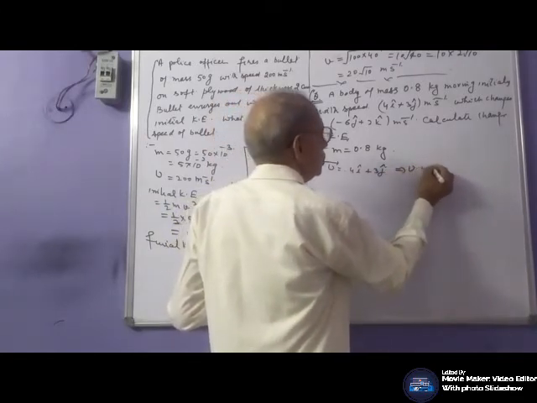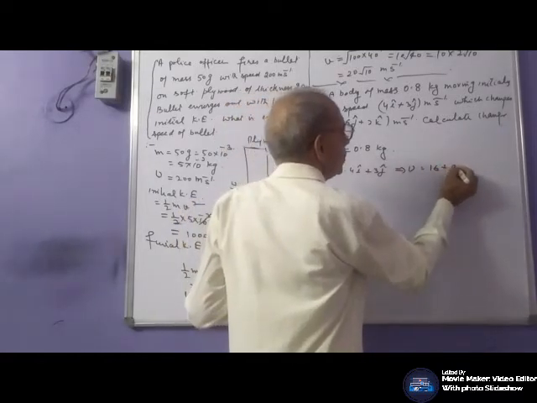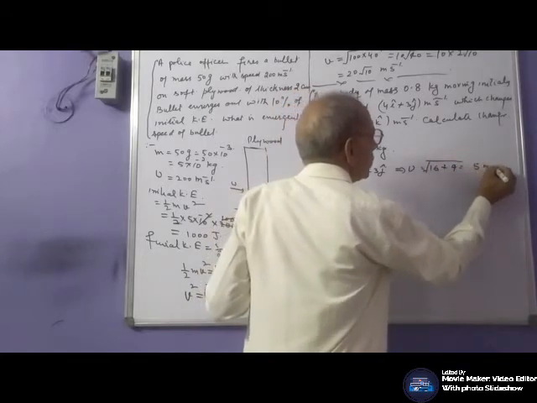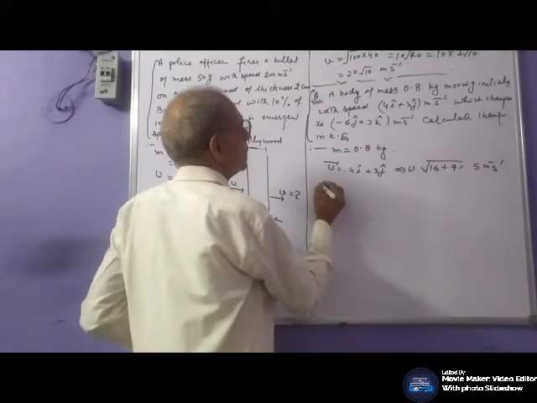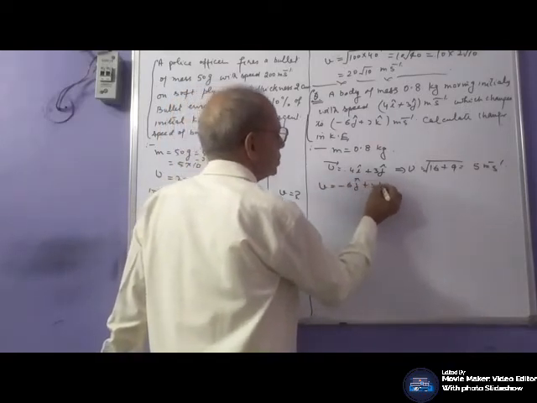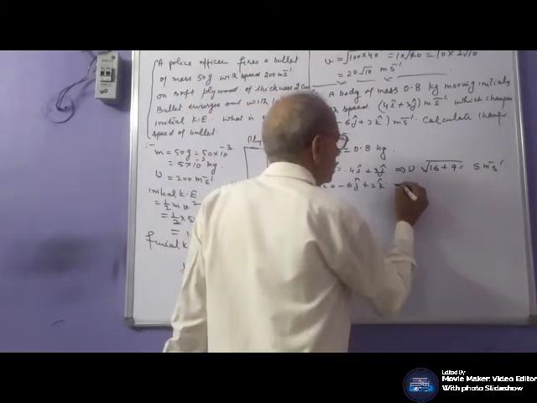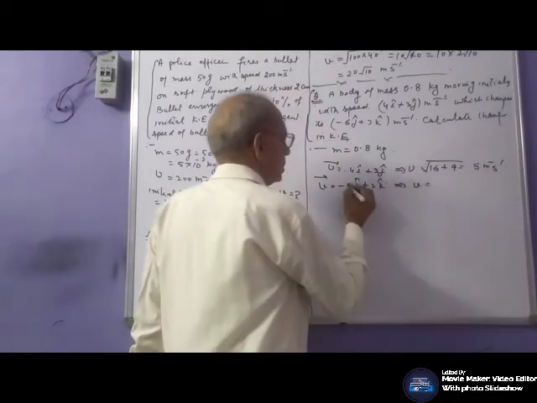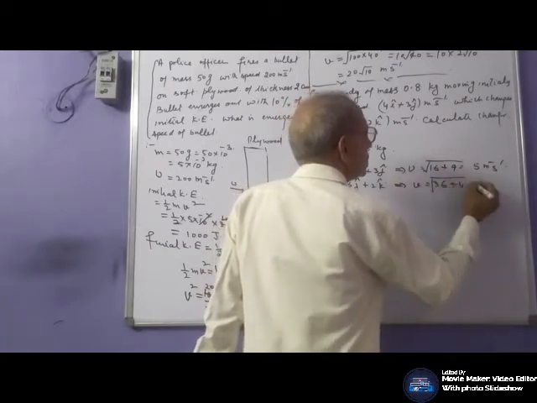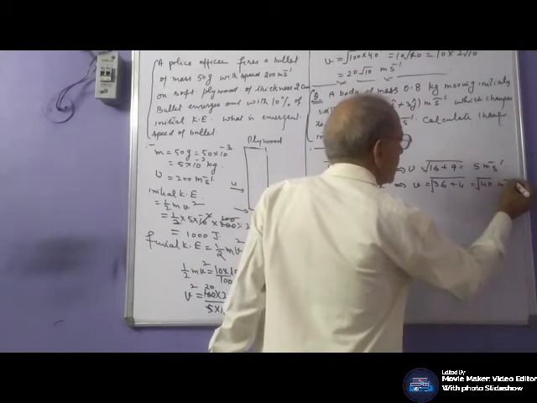Then u comes out to be this square plus this square under the root. It is what? 5 meter per second. V is minus 6j plus 2k. V is 36 plus 4. This is root 40 meter per second.